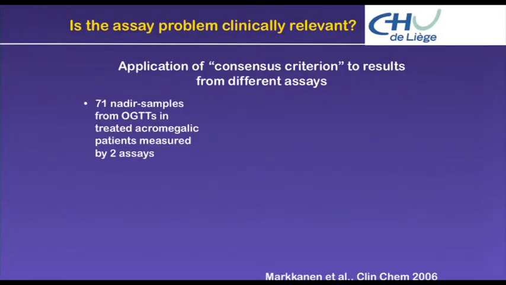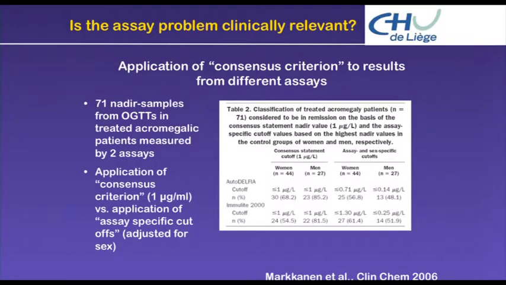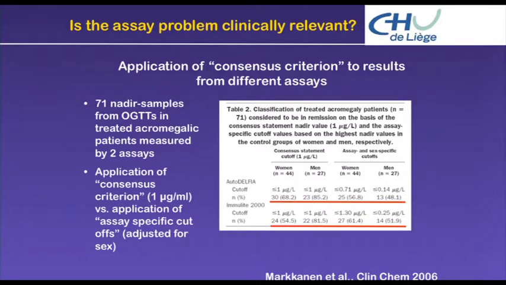Just to show you the difference, here is an oral glucose tolerance test measured by 2 different assays. If you are using a cutoff of 1 microgram per ml to see if those acromegaly patients are treated correctly, among these 2 different instruments, the Delphia here and the Immulite here from Siemens again, the results show that if you use the 1 microgram per liter cutoff, 85 of the patients here will be cured.